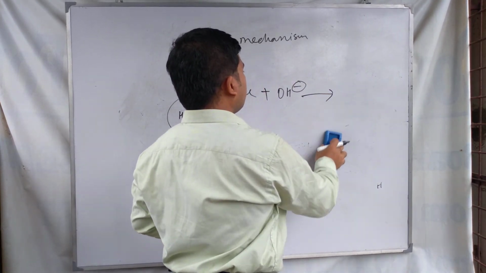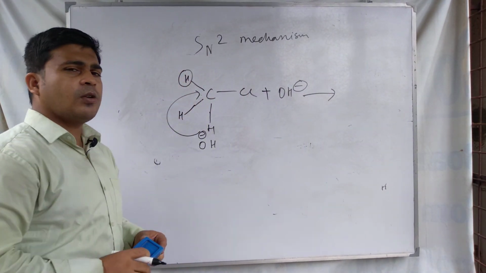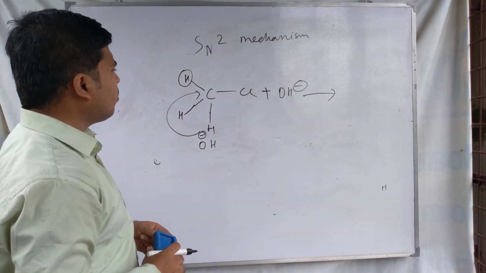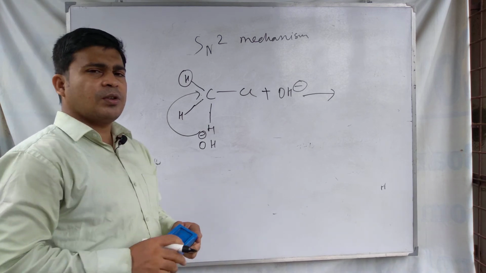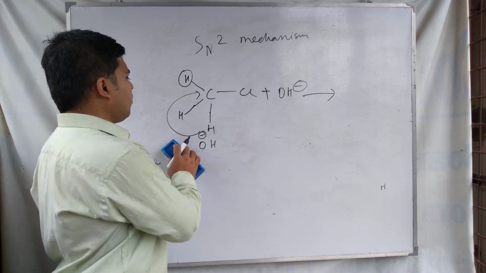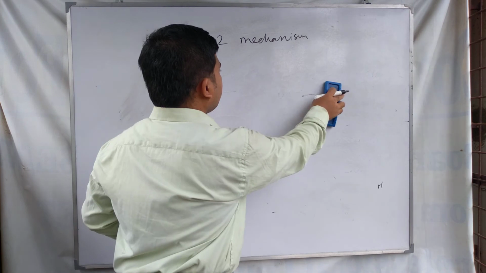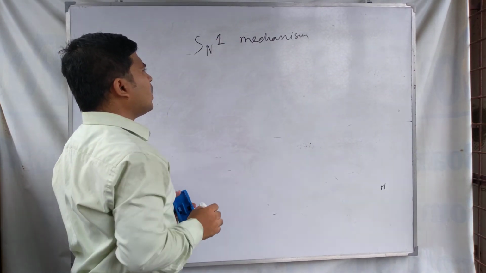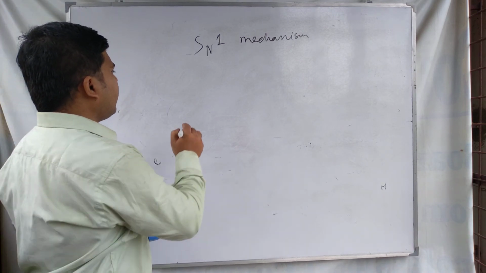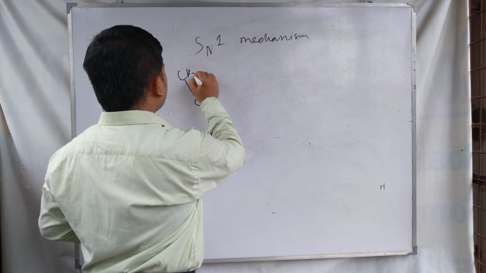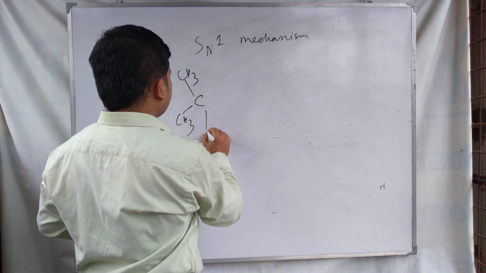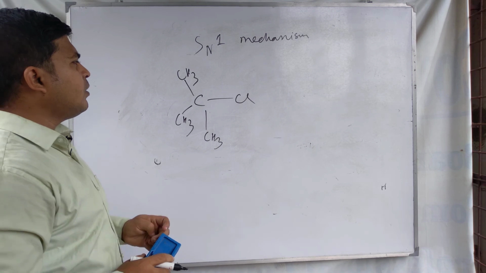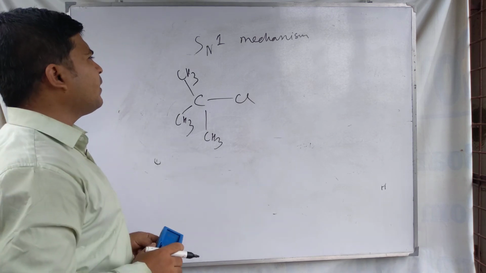For this reason, the SN2 reactivity of the primary alkyl halide is maximum. And for the SN1 mechanism, the tertiary alkyl halide gives maximum SN1 reactivity.